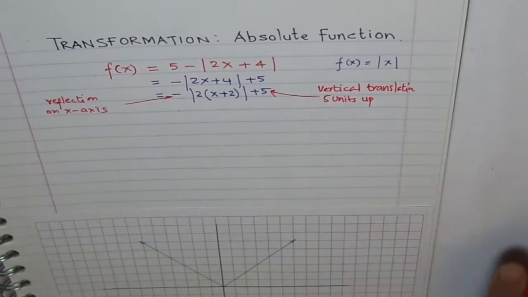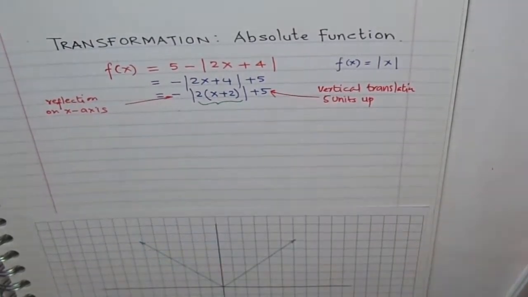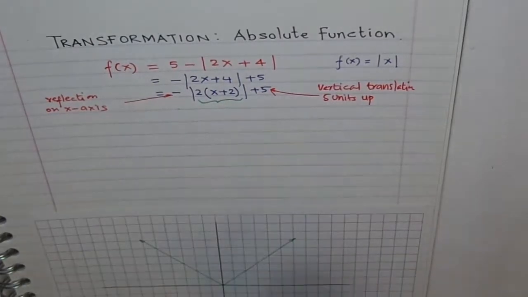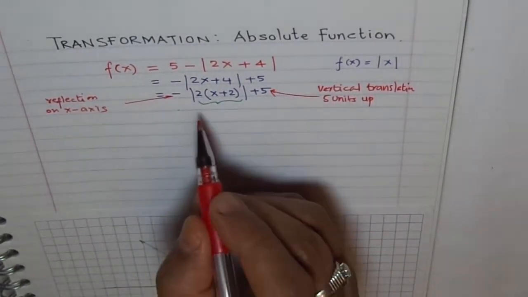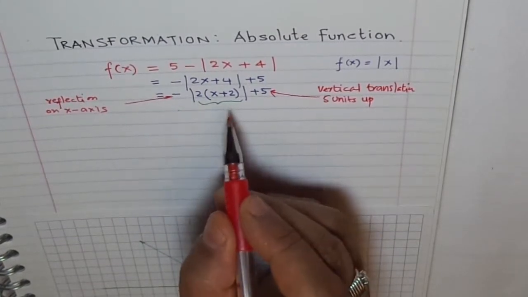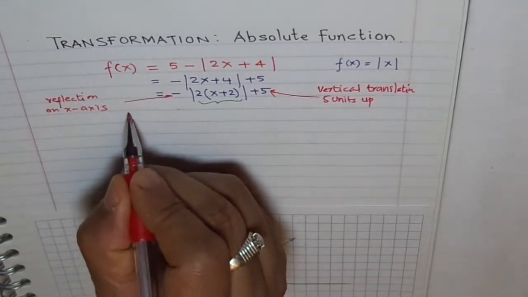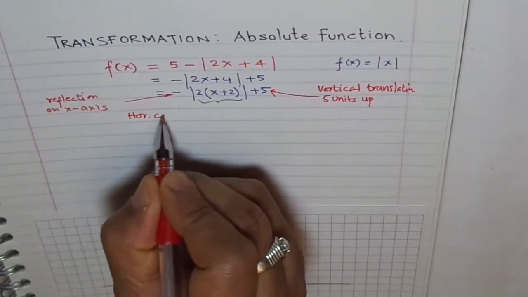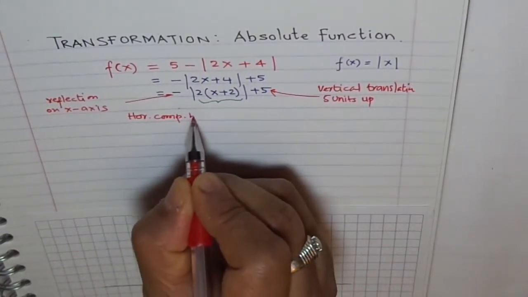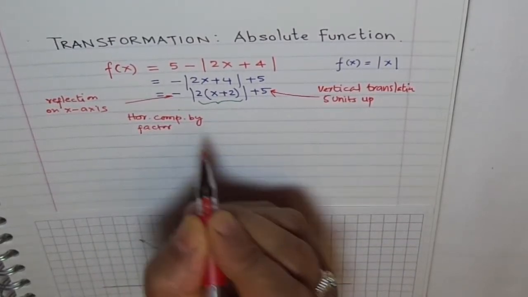Now let's get into the inside of the function. Here, what does this 2 represent? This 2 is horizontal stretch or compression. Inside, things become reversed. If it's more than 1, it's compression. So we say horizontal compression by a factor of how much? 1 over k.